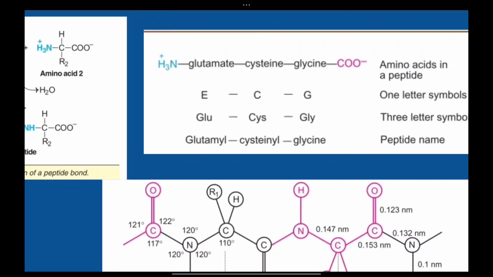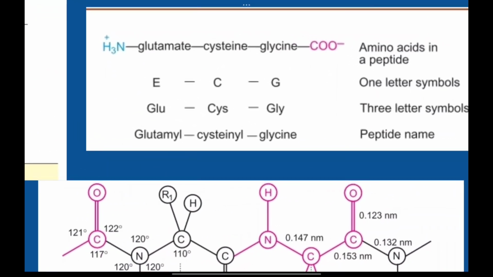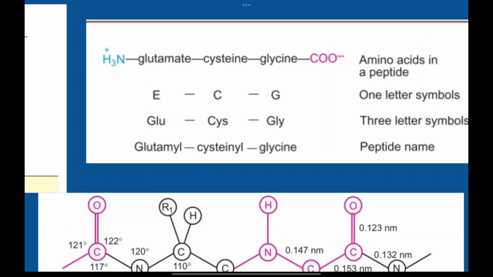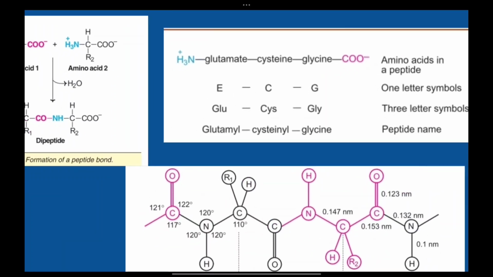Now here is another image of amino acids in a peptide chain, wherein glutamate, cysteine and glycine are the 3 amino acids that are linked together. There is an N terminal and a C terminal. So how do you name this? You can name each amino acid as E, C, G, as 1-letter symbols for the peptide chain.